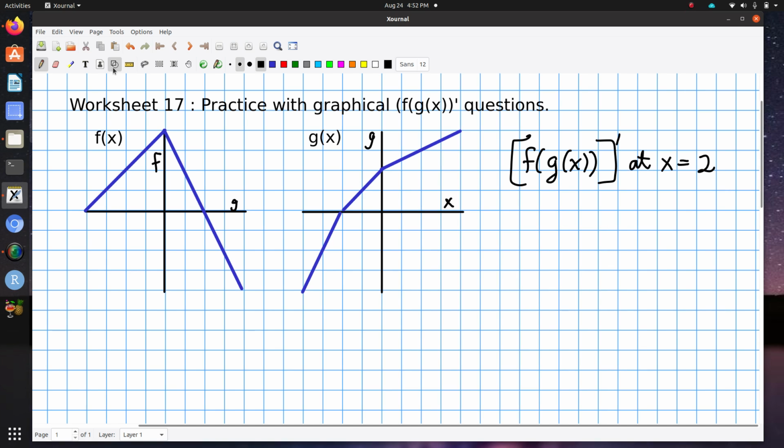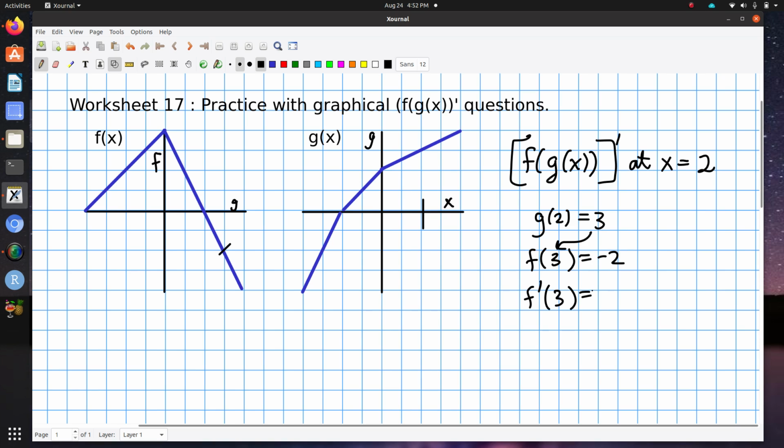So let's try that. So g of 2 is equal to 3, and f of g of 2, or f of 3, this part we don't really need, but I'm just trying to get my bearings here. F of 3 is negative 2. We don't need that, but we need the derivative there.